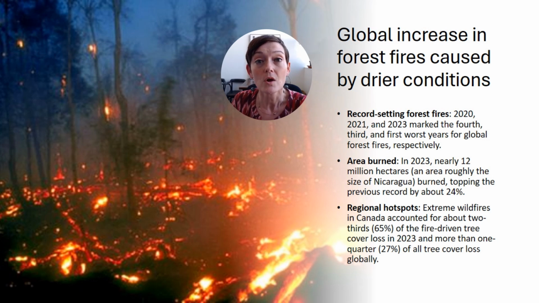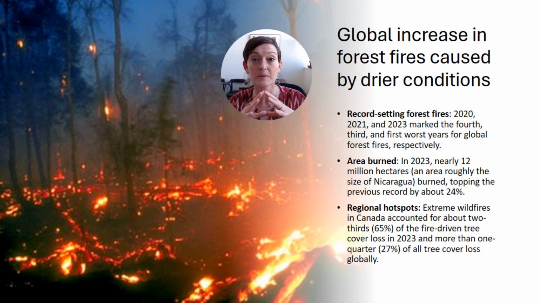There have also been regional hotspots that we have witnessed. Extreme wildfire is a particular problem in Canada, which contains vast stretches of boreal forests, that is, cold forests, that have been burning for the last few years every summer and wafting huge amounts of smoke down into the United States.